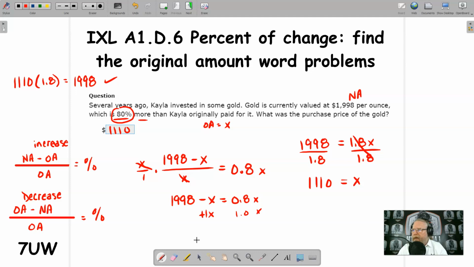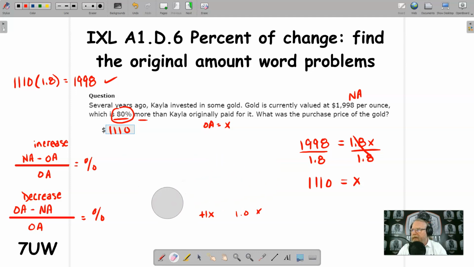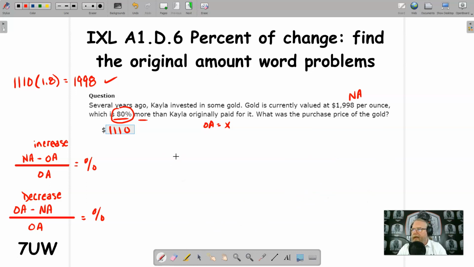Now the other way to do it, and I'm going to erase all this here so I got some room to work. The other way to do it would be realize that you have, remember the idea here, here's the original amount. This is what we didn't know, right? 1,110, this is what we did not know. We do know the percent, we know the new amount.